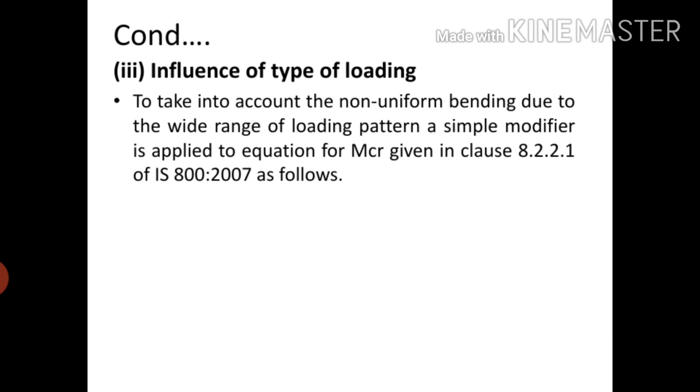The type of loading, at what intensity or magnitude it is acting over the beam, and where and how it is acting, all affect the lateral stability of the beam.